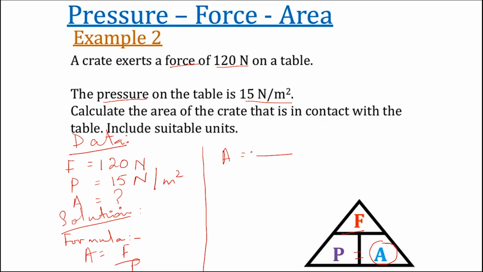The value of force is 120 newtons, and the value of pressure is 15 newton per meter square. Now divide it, and we will get the answer: 8 meter square. The area is 8 meters square.